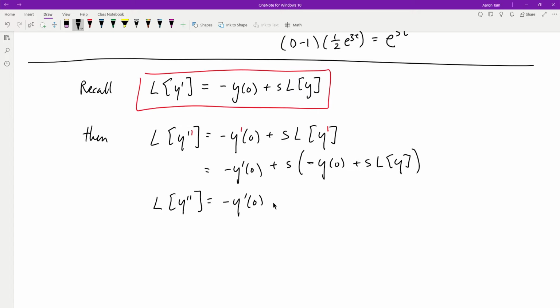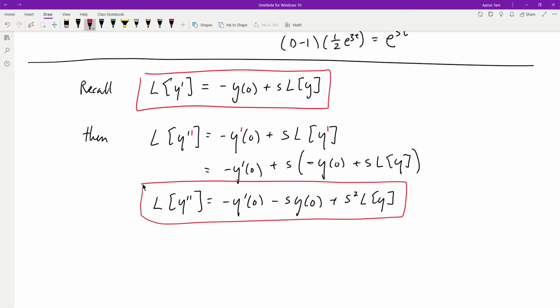Actually, it's minus. And that is a formula that allows you to deal with the Laplace transform of y double prime. Notice that it results in the Laplace transform of y at the end, but it does require you to know two things, y of 0 and y prime of 0. Those are the initial conditions.